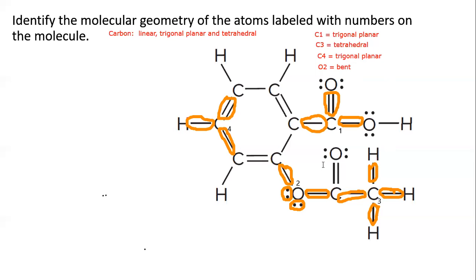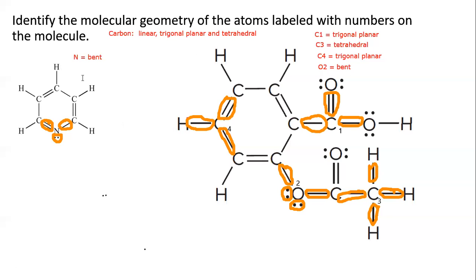Now, one thing I didn't show is the other common element we see in organic molecules, nitrogen. And this is going to show you some examples of what nitrogen can look like and how you can assess its molecular geometry. So here's one example of a nitrogen-containing organic molecule. Again, we see here nitrogen has 1, 2 bonding pairs, and 1 lone pair. And so here the nitrogen would be bent.